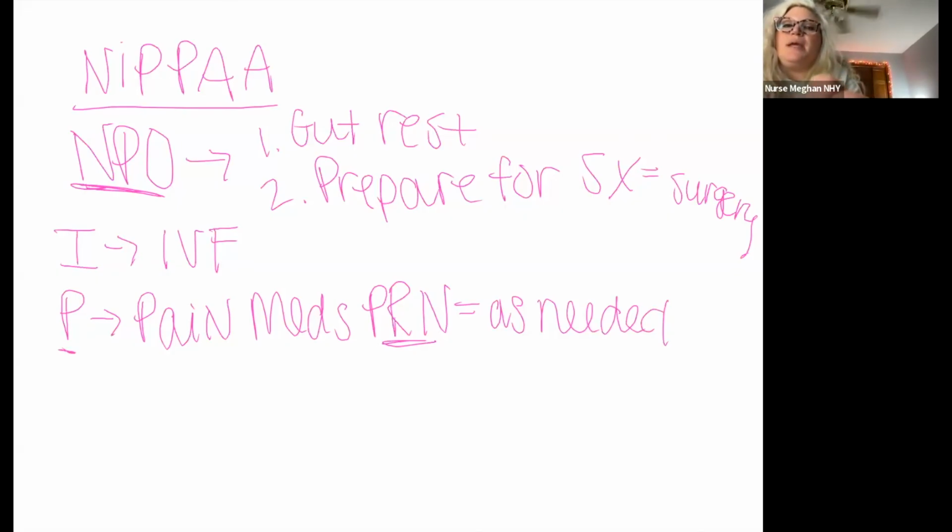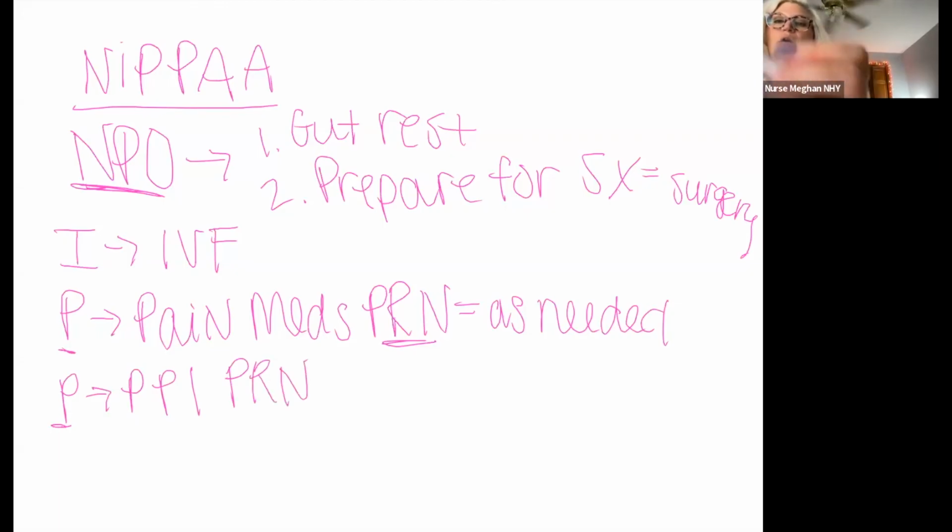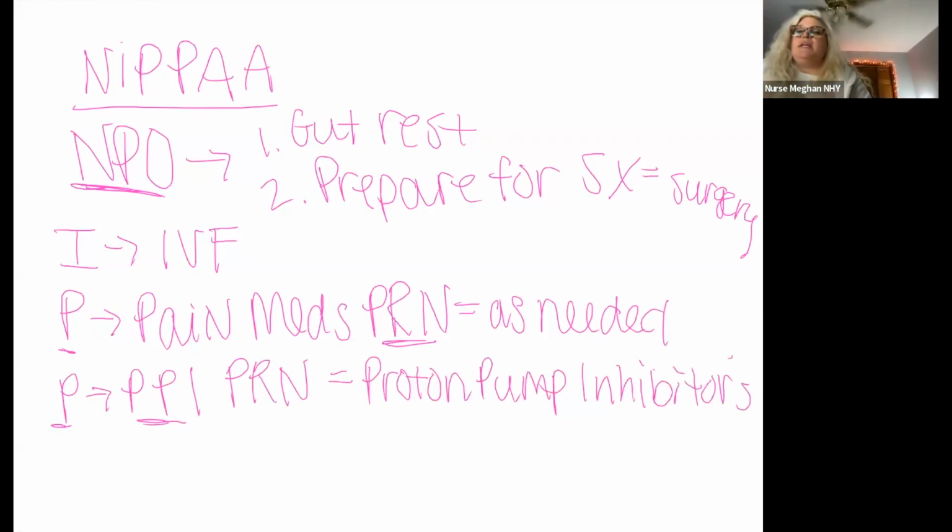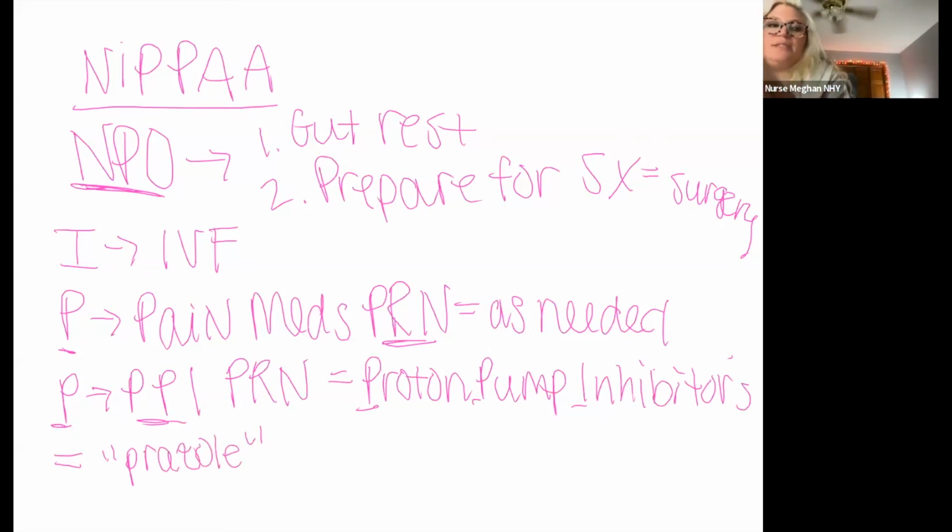Our second P is going to be PPIs as needed. And PPIs are our proton pump inhibitors. Some examples of proton pump inhibitors are drugs that end in prazole. What these drugs do is they reduce the stomach acidity that is happening in our stomach for whatever reason that is.